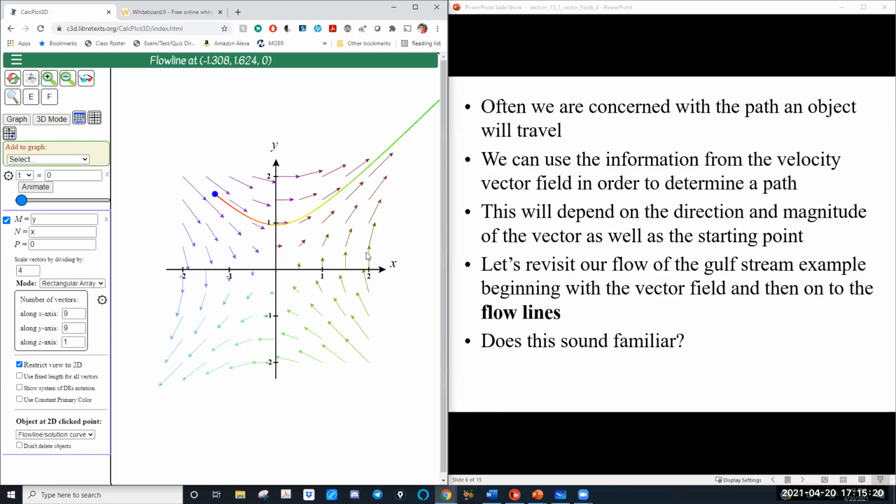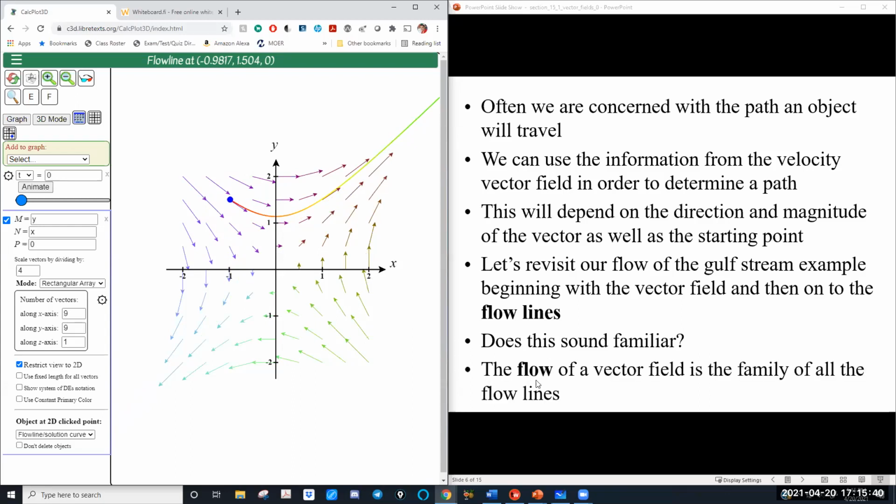We create a vector field. We have an initial condition, which is where we decide to start our path. And then the flow line is the solution to that vector field and initial condition. The flow of a vector field is the collection of all the flow lines.